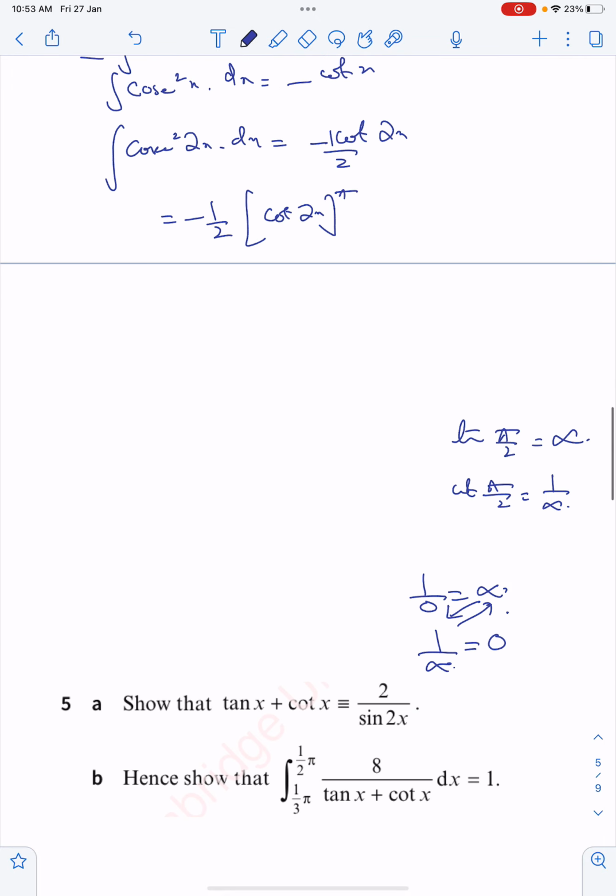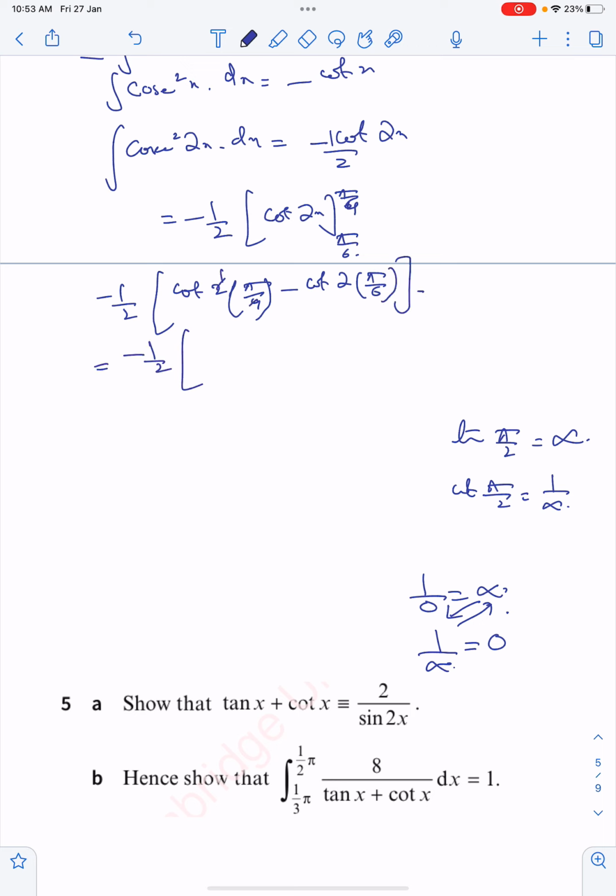Let's do it. Pi by 4 and pi by 6. Minus half, I'm keeping it as it is. Cot of 2 pi by 4 minus cot of 2 pi by 6. This we decided was the reciprocal of tan of pi by 2. Tan of pi by 2 is undefined, so 1 upon undefined, which is a 0, minus cot of pi by 3.